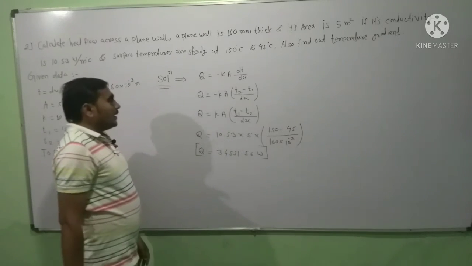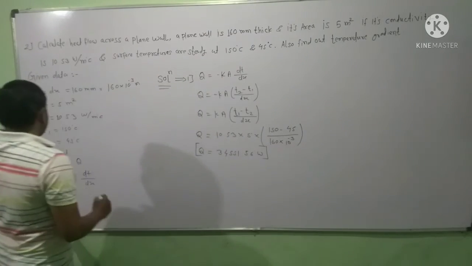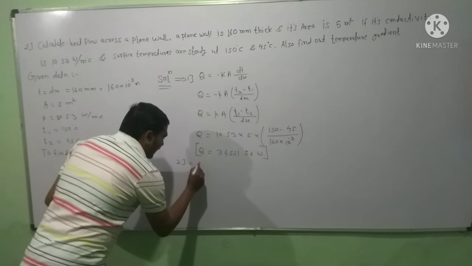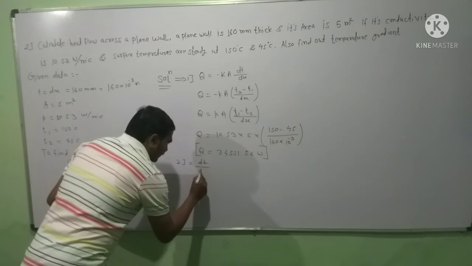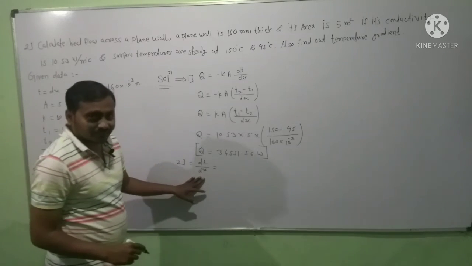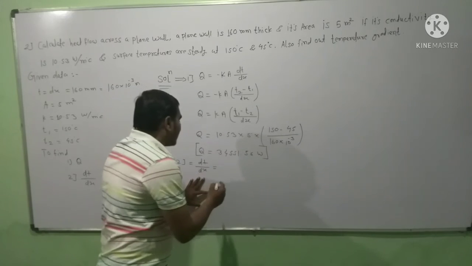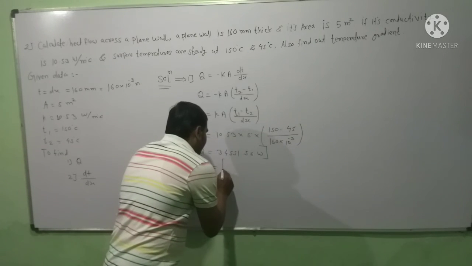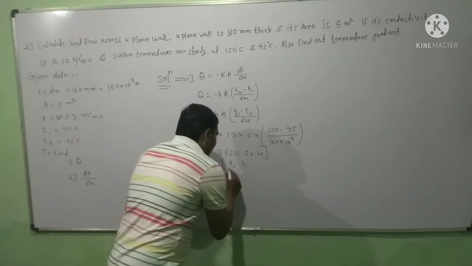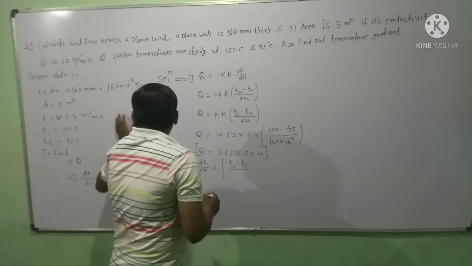Then second thing we have to find out temperature gradient, and temperature gradient is given by dT by dx, change in temperature per unit length, and that is nothing but T2 minus T1 divided by dx, that is length has given.